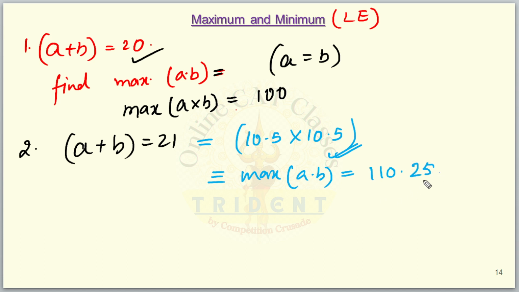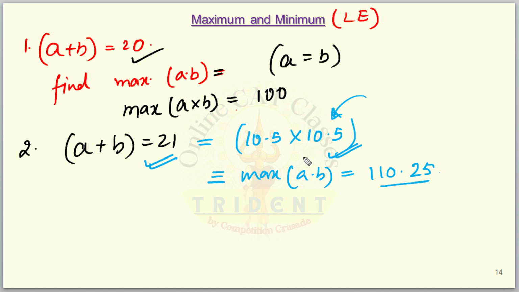This is going to be the maximum product when a plus b is equal to 21. Remember, this is only when the condition is not asking you strictly for an integer. If it asks for an integer, then 10.5 and 10.5 will not work, and we'll have to remedy it with logic.